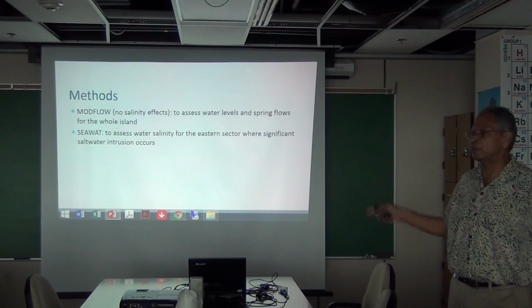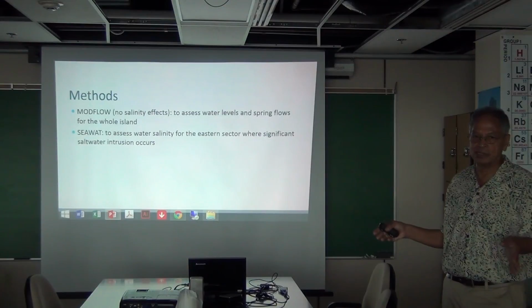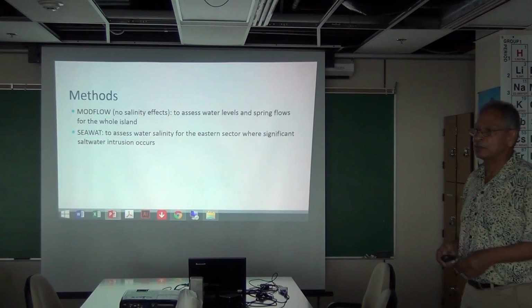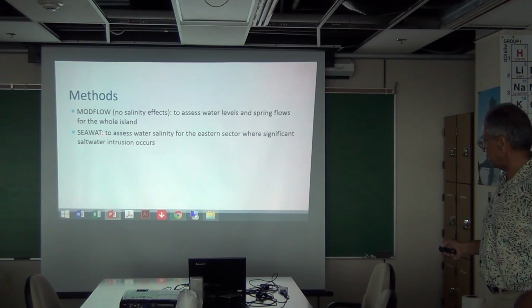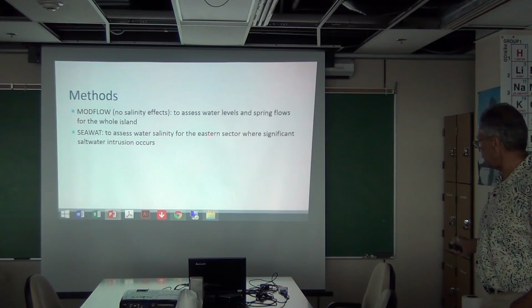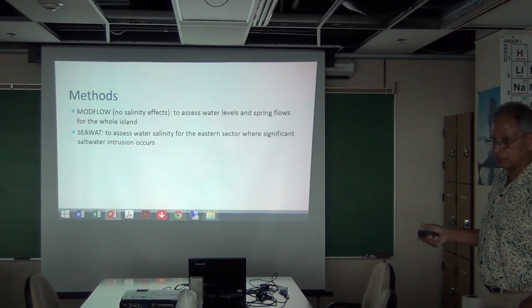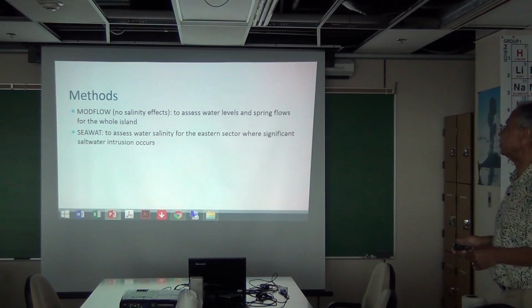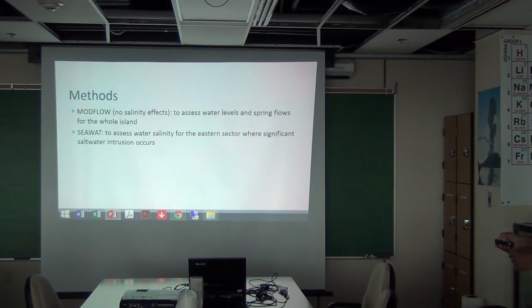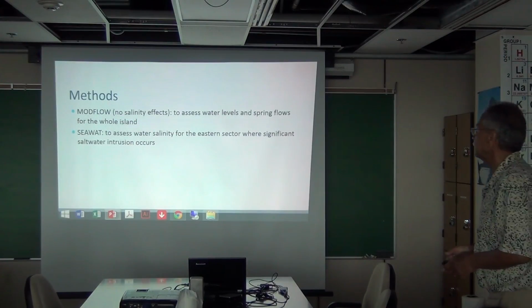So we set up a model for the whole island, similar to what I described about Oahu. So that MODFLOW does not include salinity at all. Then we used SEAWAT only for the eastern sector, where salinity is important. Okay? So we just chopped out that spot and did the modeling using SEAWAT, which includes density effects.